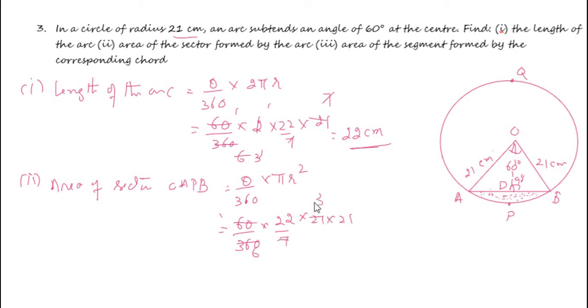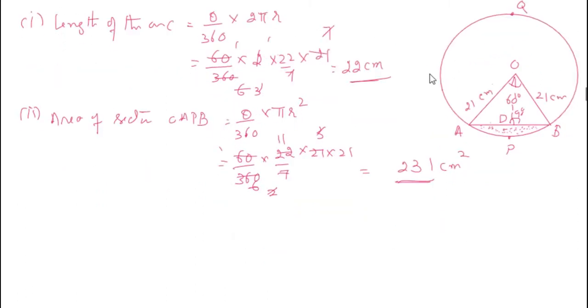This is 3 times. 3 ones 2 times. 11 times. So 11 into 21, that is 231 centimeter square. This is area. Third one, area of the segment formed by the corresponding chord.